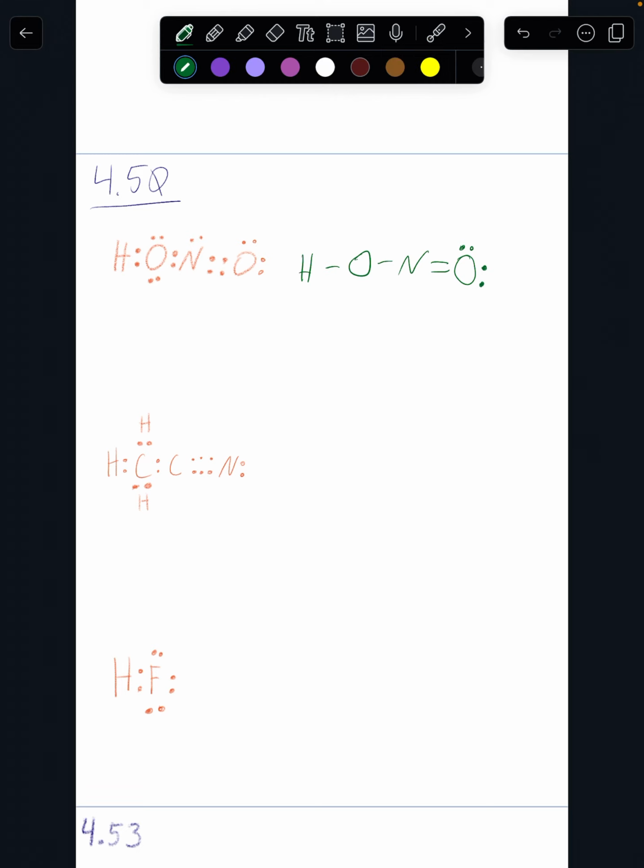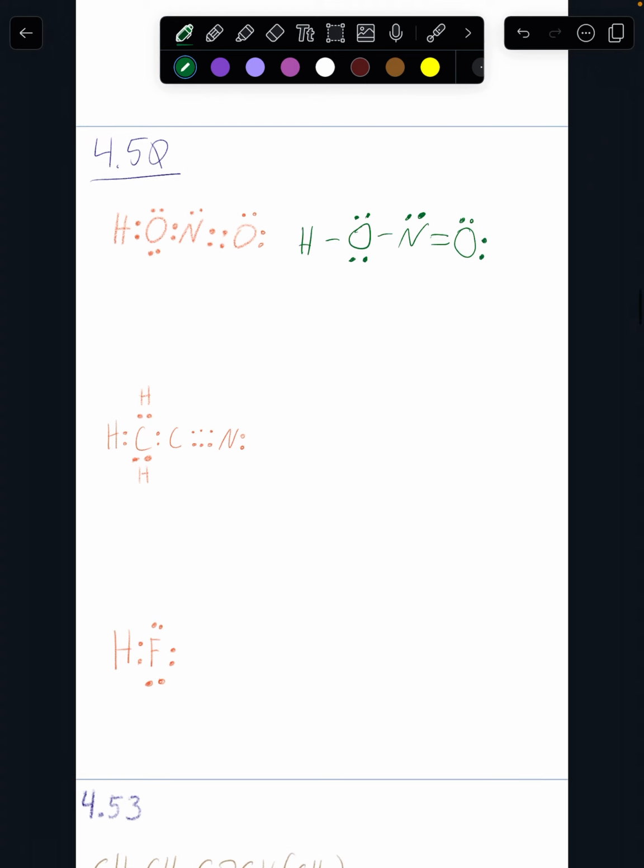Oxygen, of course, wants to be focused on its octet here. And then nitrogen, as we learned earlier, that is a 5 when you do the 1 through 8 counting. So of course we want 1, 2, 3. We get this 1, 2, 3. So then we want to add our 4 and our 5.